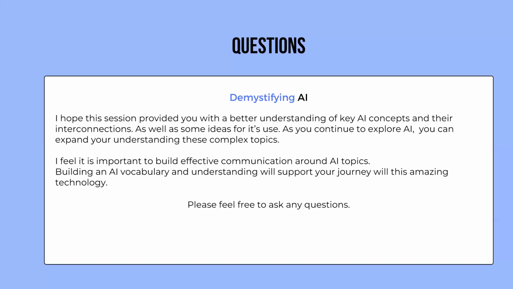So like I said, I hope everything that I have presented so far increases your understanding of AI concepts. Remember, AI is a very large umbrella term that includes all of the different concepts that we talked about today. So I encourage you to continue your education. What is generative AI?